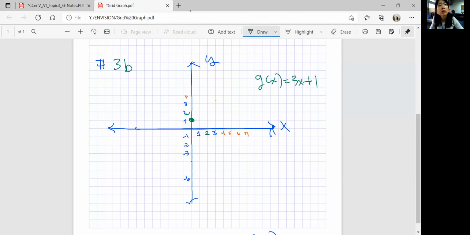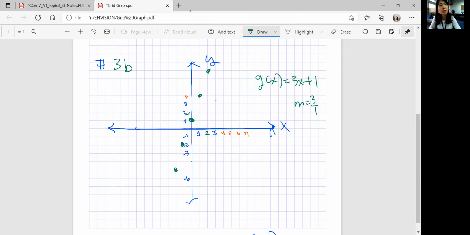1, 2, 3 over 1. Wait, I counted 2. Just kidding. 1, 2, 3 over 1. Go down 3 and then go left 1 would be your next point for the left side of the equation.